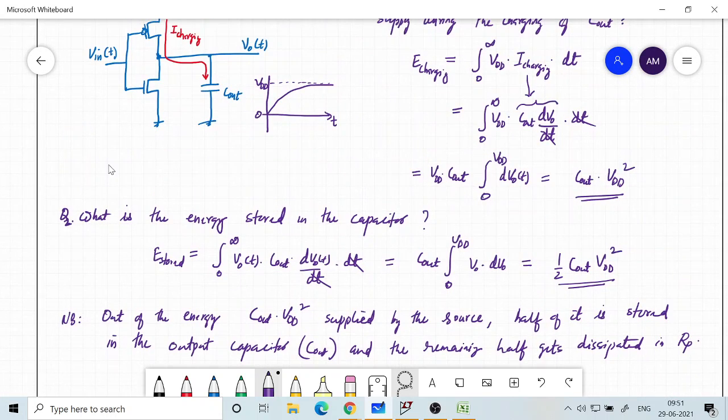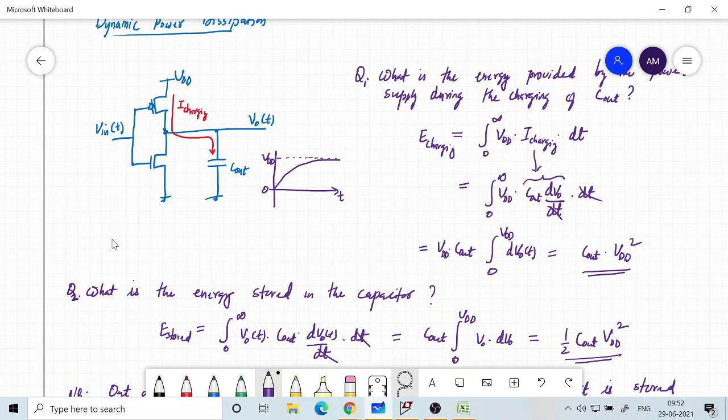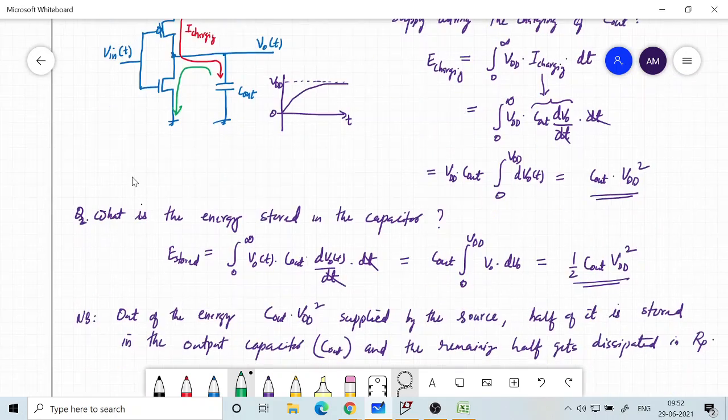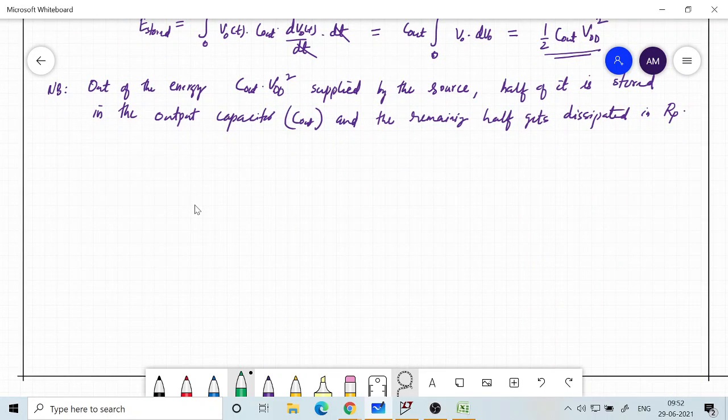Now let's look at the discharging condition. So to look at discharging, the path is like this. So this is basically a capacitor. We will assume that it was fully charged to VDD voltage. So let me draw that. So this is our C out.